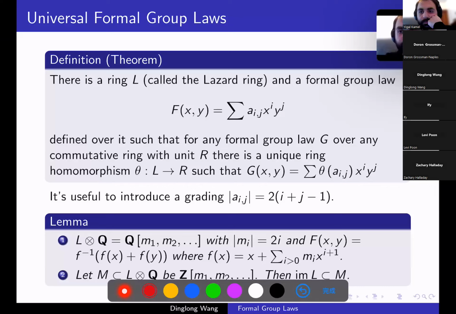This part is also easy to see, since the F(x,y) defined in part one really has coefficients in M, and so it factors through M.